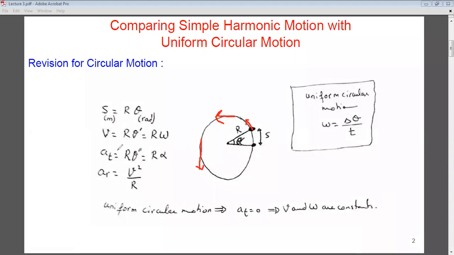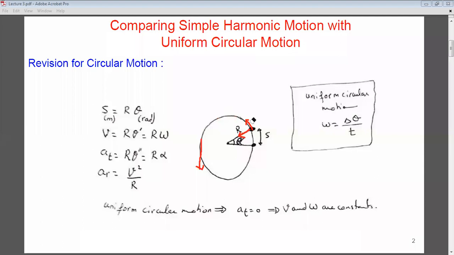And there is centripetal acceleration, which is in this direction, always toward the center. Now, the tangential acceleration's formula is r theta double prime, and centripetal acceleration is v squared over r.